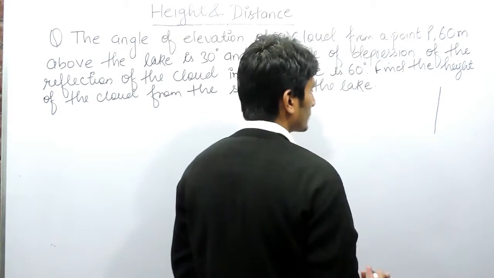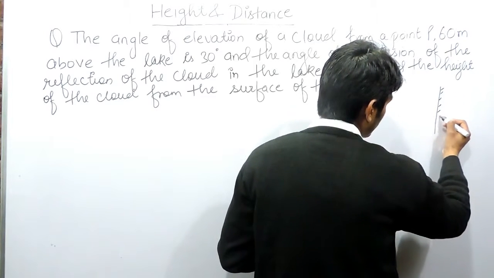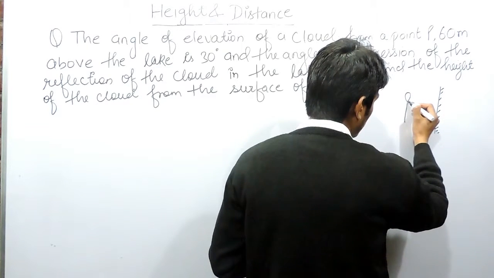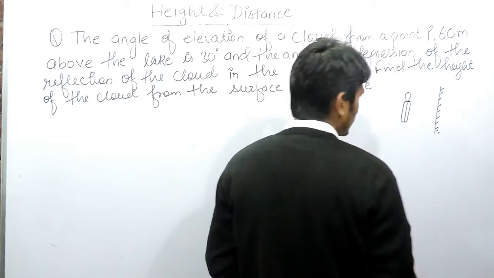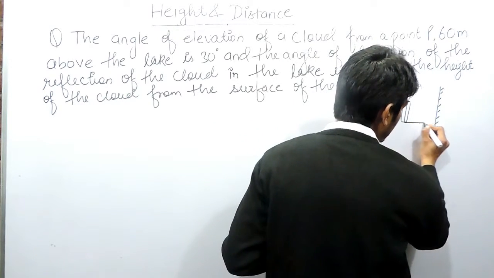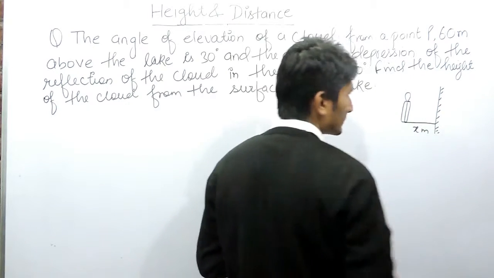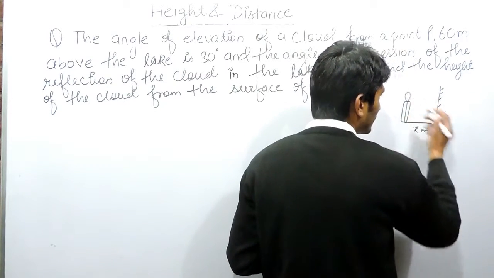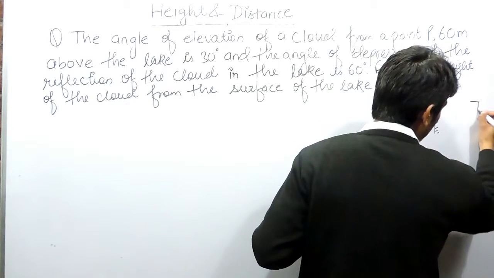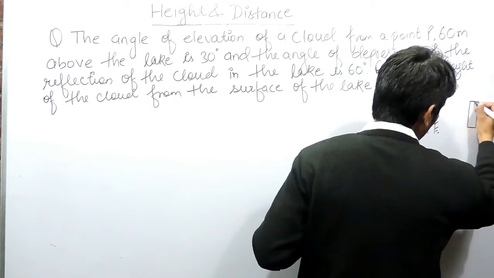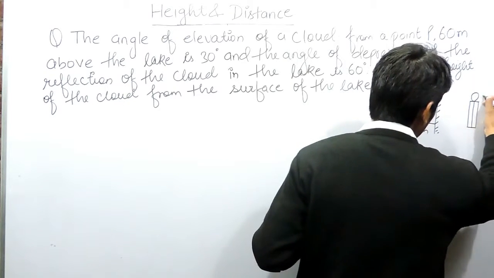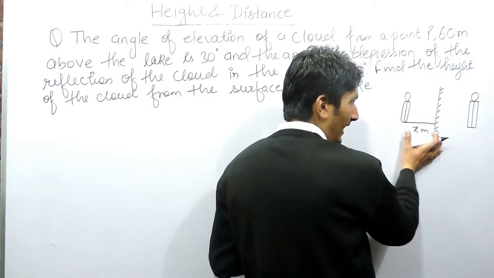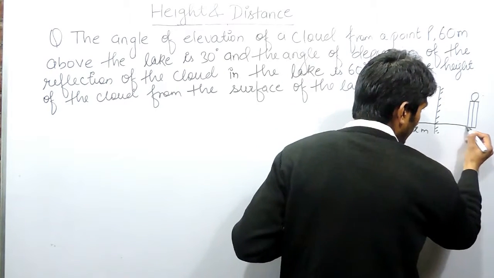In a plane mirror, if I place a candle here, and suppose this candle is x meters away from the plane mirror, then the image of this candle, or the reflection of this candle, will be seen on the backside of the plane mirror, and the distance of the image from the mirror will remain the same as the distance of the object.